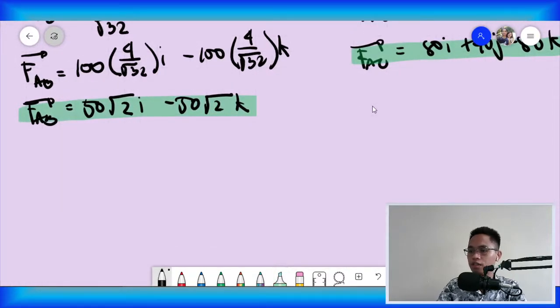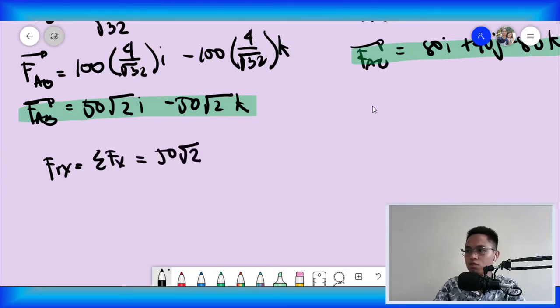Now, for the FRX, the X component, all those with i, that would be the summation of X's. So, 50 square root of 2 plus 80, that should be equal to 150.711 Newton.